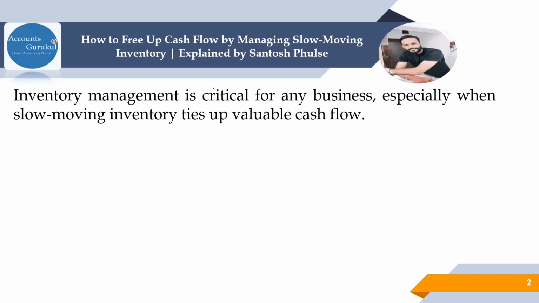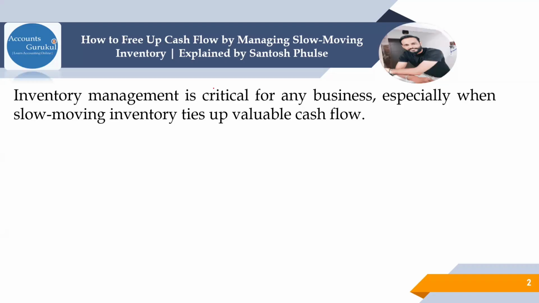But now, if you have slow moving inventory, or if you have more inventory in the books of account, and still your team is placing orders for new purchases, new inventory, somewhere we have to do the analysis of how much inventory we have, how much new inventory we are adding, and what's the aging of your old inventory.